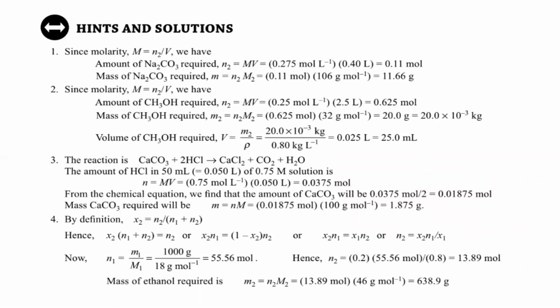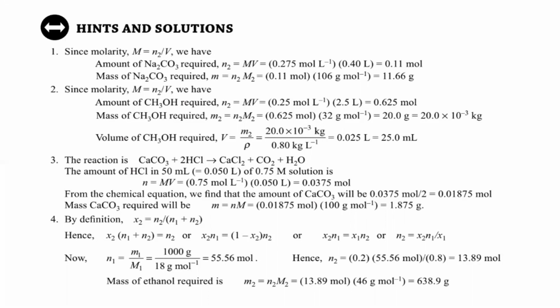By definition, X2 is equal to N2 by N1 plus N2, where X2 is called the mole fraction of solute. N2 is the amount of solute and N1 plus N2 is the total amount of solution. So X2 into (N1 plus N2) is equal to N2, by cross multiplication. So X2 into N1 is equal to (1 minus X2) into N2, because X1 plus X2 is equal to 1.